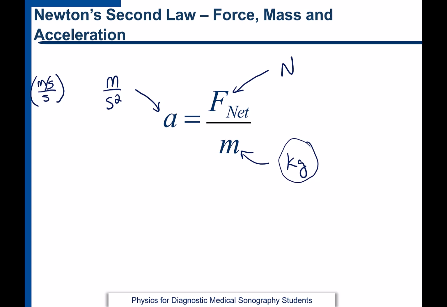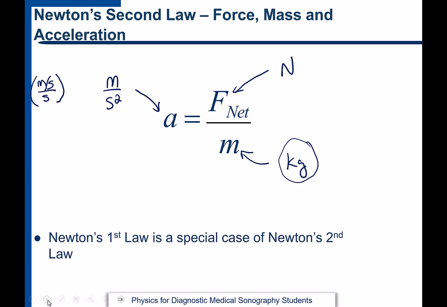Now, when you look at Newton's second law, that an acceleration is caused by a net force, one of the things to think back about to our previous video is Newton's first law. And you'll notice that Newton's first law is actually just a special case of Newton's second law. We can see that because remember that Newton's first law says an object will stay at rest or stay in motion with constant velocity unless acted on by a net force.